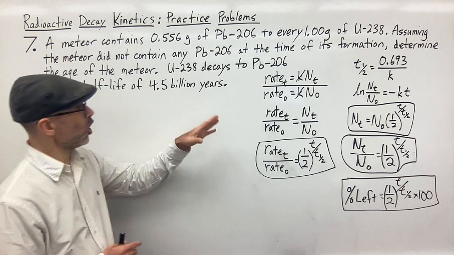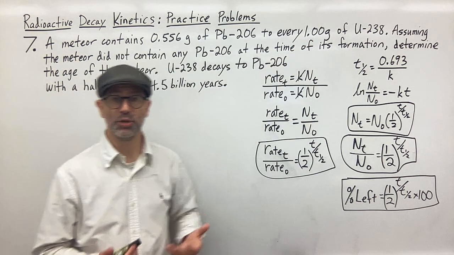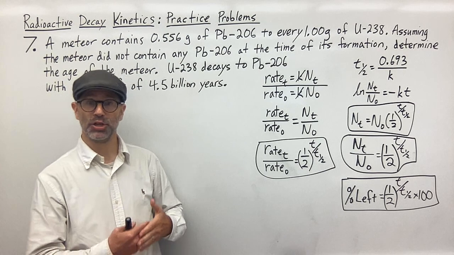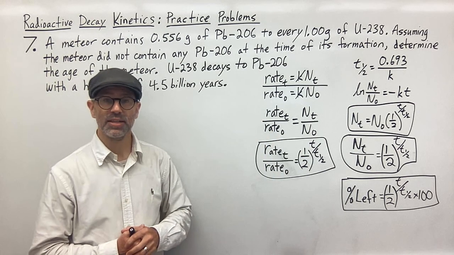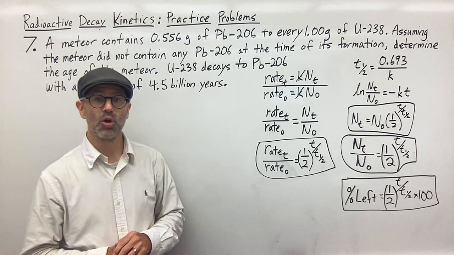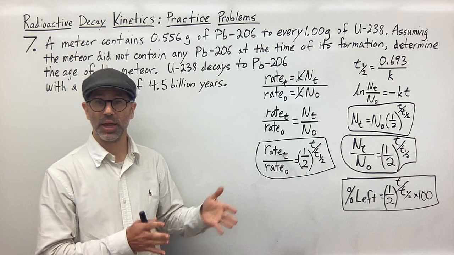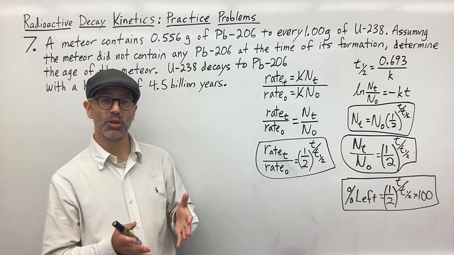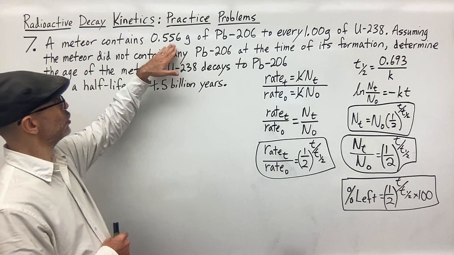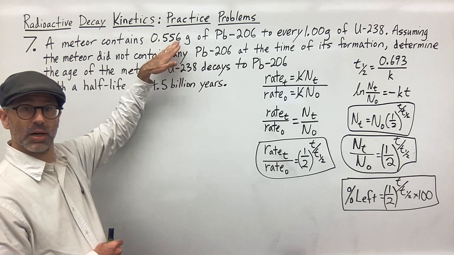So we know right now we have 1 gram of uranium 238. So that's at time t, after however many years this asteroid has been around. And so we need to figure out, well, what was the original amount of the uranium 238? Well, the original amount includes whatever was lost during the decay process to form this amount of lead.